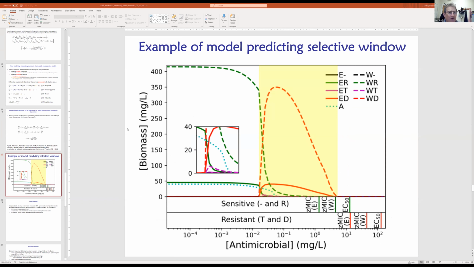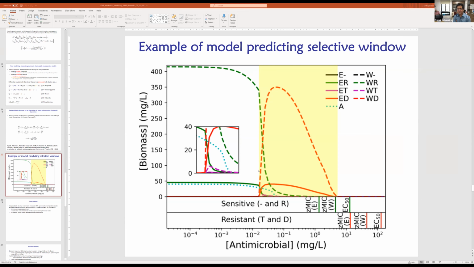Yeah, this is what I call the selective window. This is a window of concentrations, or region of concentrations, of the antibiotic that will lead to selection of resistance. If the concentration of the antibiotic is too low, resistance will not be selected because the advantage of having a resistance is lower than the disadvantage given by the fitness cost for resistance.